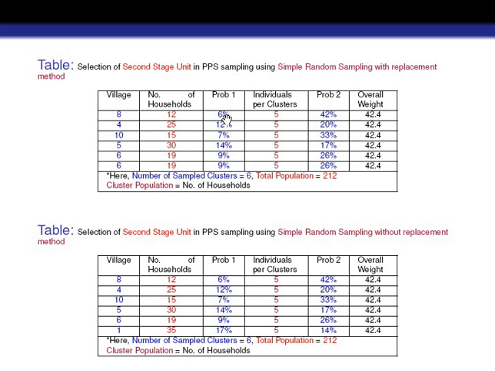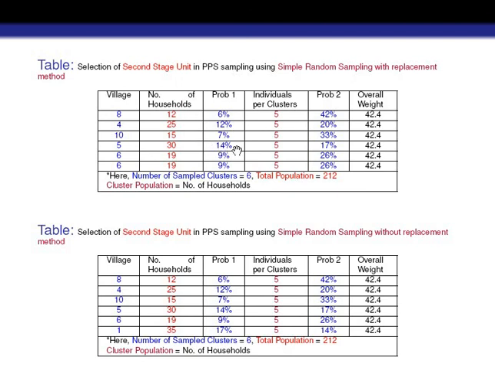So 6% means that cluster 8, or village number 8, has a 6% chance of being included in our first stage unit, whereas cluster 4 has a 12% chance. Cluster 10 has a 7% chance, whereas cluster 5 has a 14% chance of being included in our first stage unit.